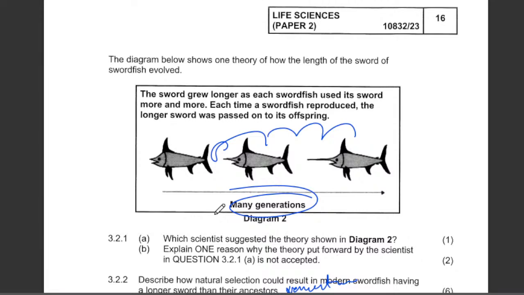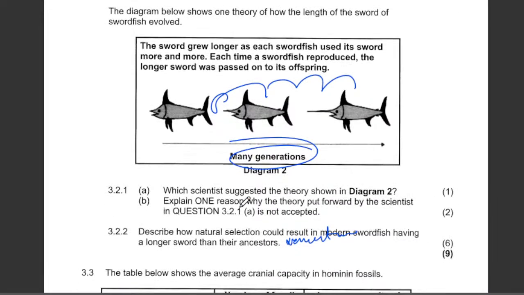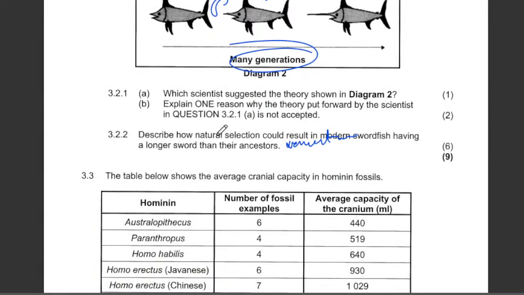So when you're explaining it, you're supposed to link it to this example. So, variation: some swordfish had short swords and some long swords, and those with long swords could catch and kill the prey, and they survived in large numbers, while those with short swords couldn't, and they died in large numbers.